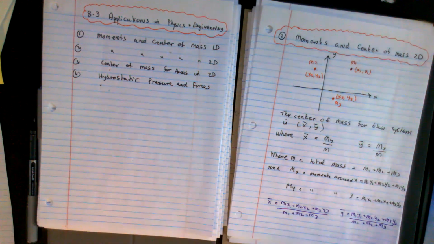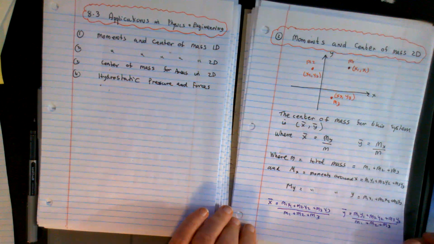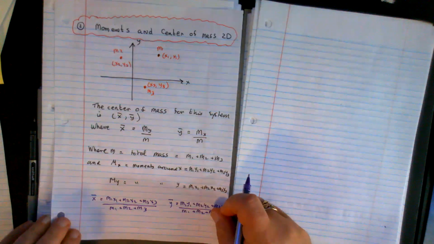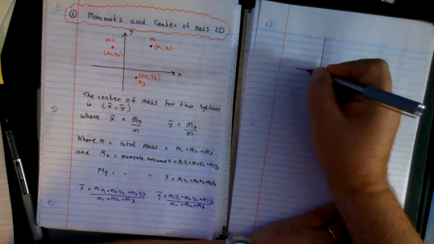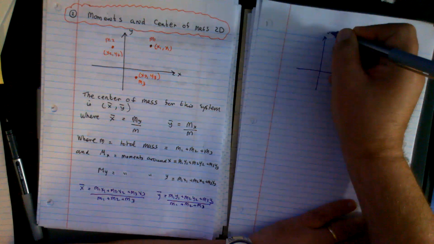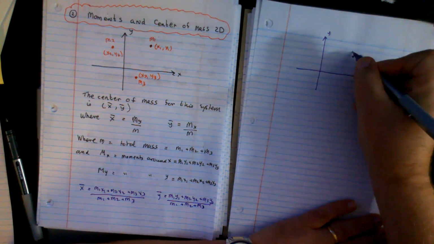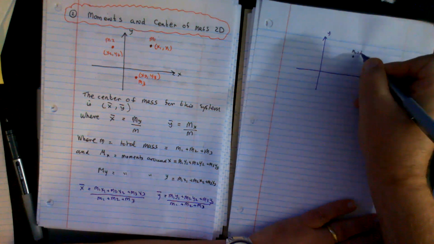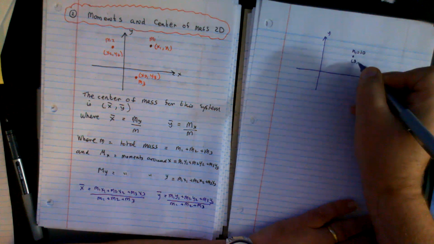You know that you could extend this to 3 or more dimensions, but we're only going to do 1 and 2. So let's do an example with some numbers. Suppose I have a point here, and the mass, call it m1, is 10, and the coordinates of the point are 3, 2.